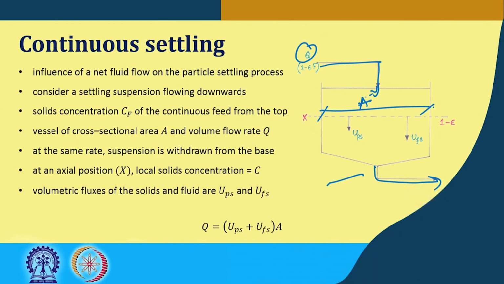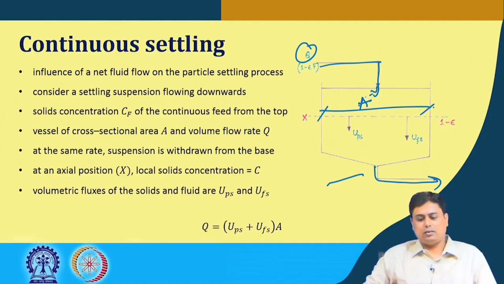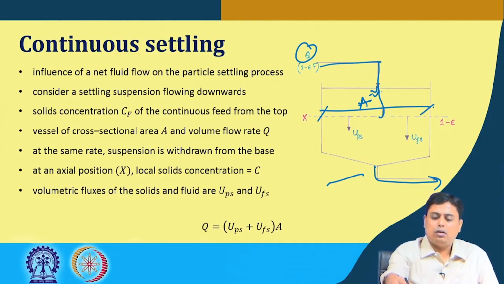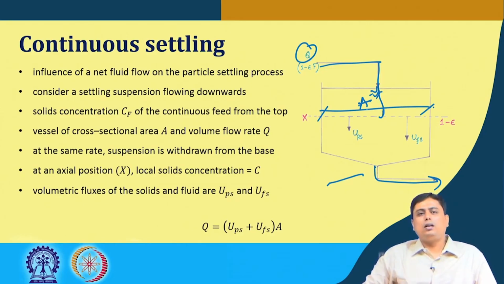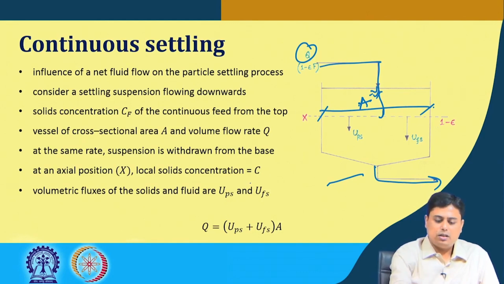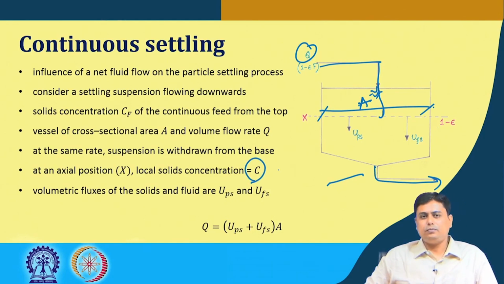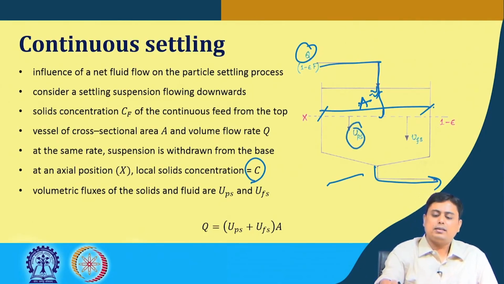At the same rate the suspension is withdrawn from the base, and then at axial position x from the top, say the local solids concentration is C. The volumetric fluxes of both solids and fluids are UPS and UFS, where P stands for the particle and F stands for the fluid.